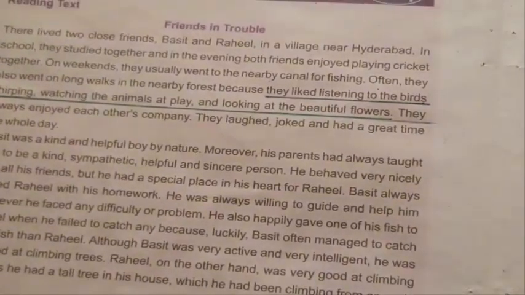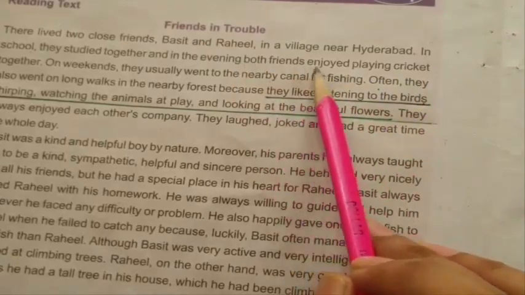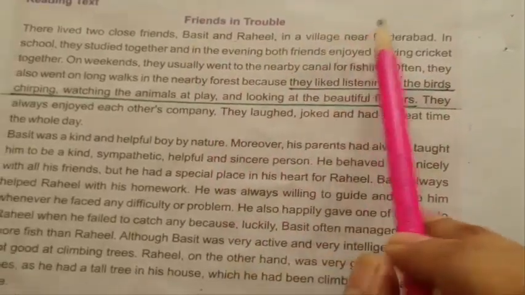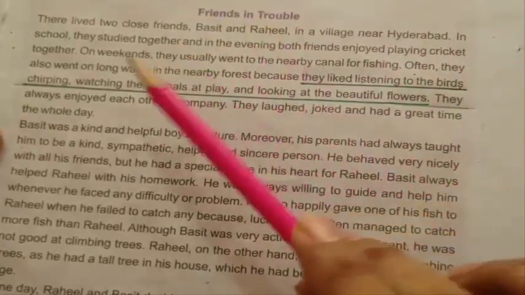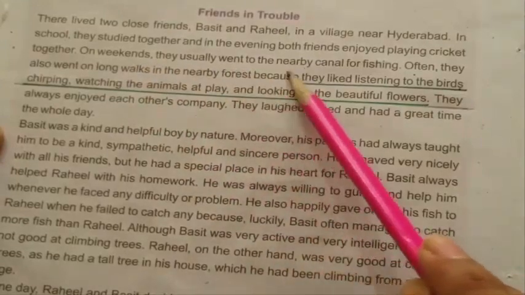Now open page number 3, paragraph 1. Here it is. Both friends enjoyed playing cricket together. On weekends, they usually went to the nearby canal for fishing.